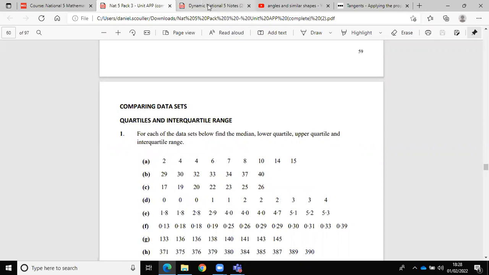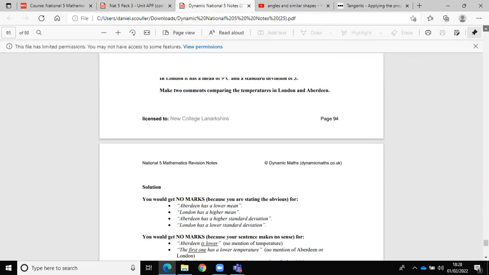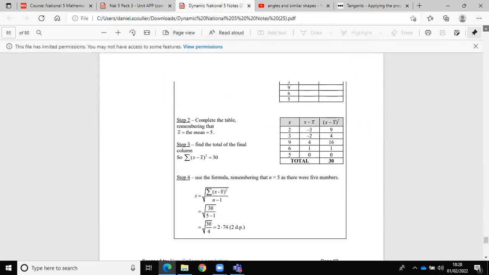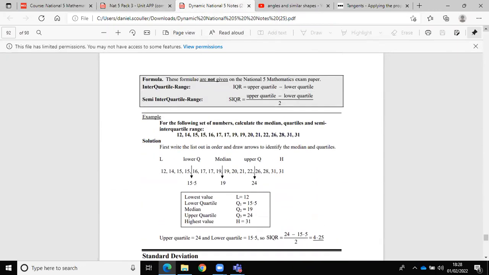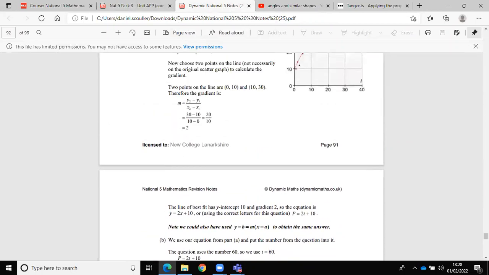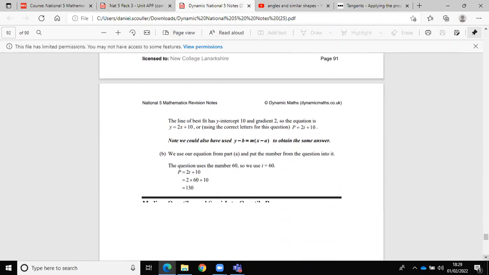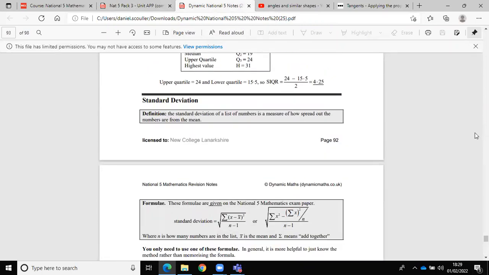Another good thing to refer to is the dynamics notes, again in Moodle. Dynamics notes breaks it down pretty well for everything we're going to cover. So if you ever want something else just to look at, a wee reminder, dynamics notes, page 92.